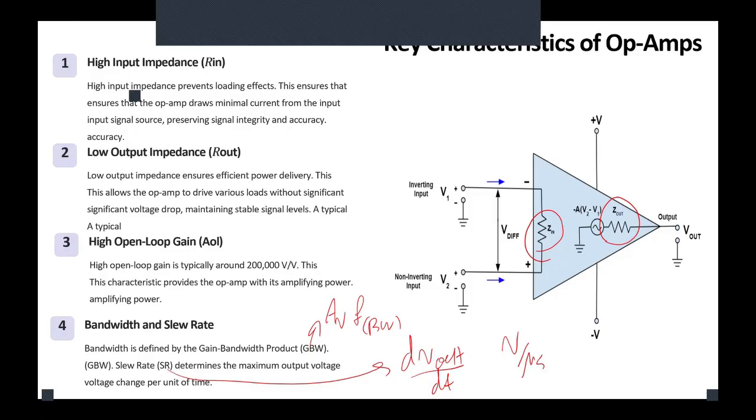This is very important when amplifying fast changing signals like square waves or audio. So a low slew rate can cause distortion.